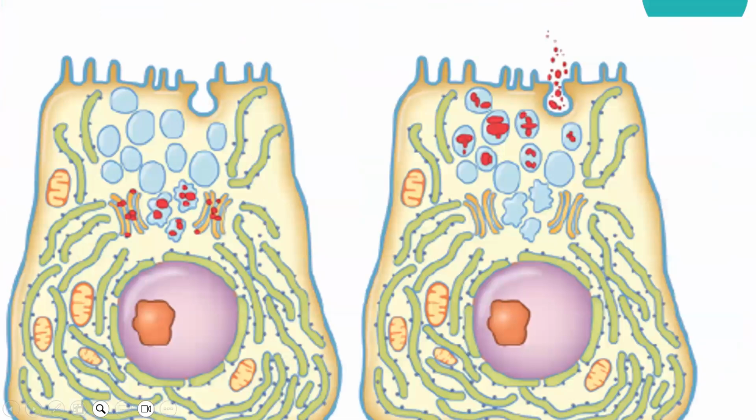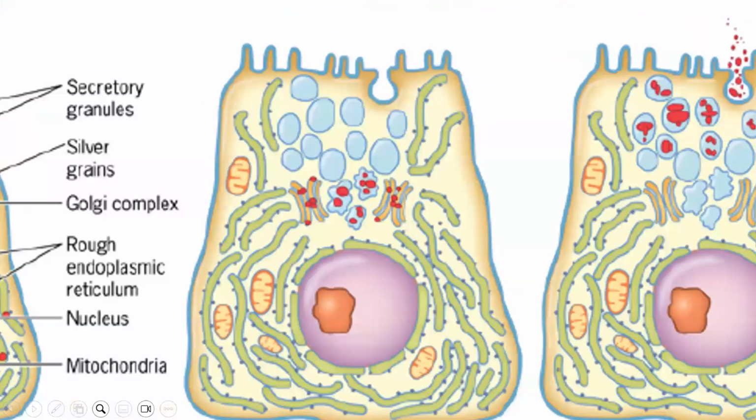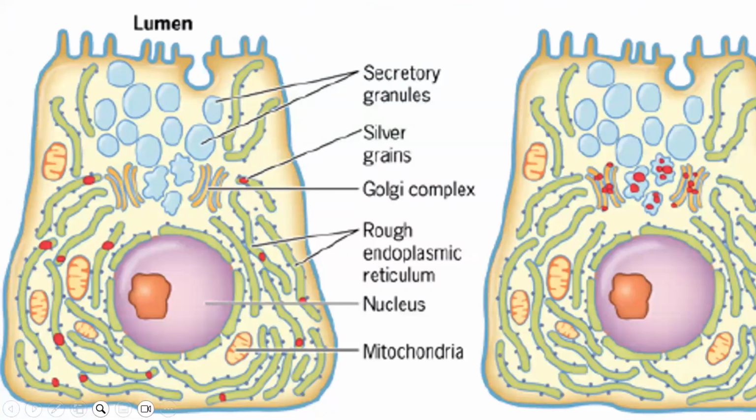So basically, what does this diagram show us? It means that when the cells synthesize these proteins from the radio-labeled amino acids, the synthesized proteins that are supposedly for secretion are stored first in these secretory granules.